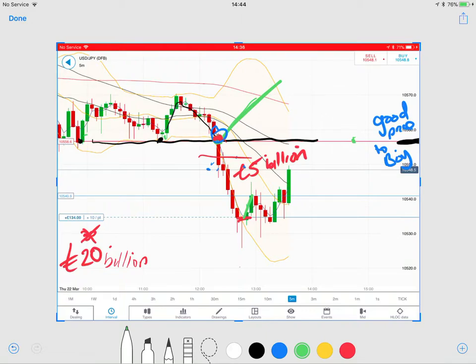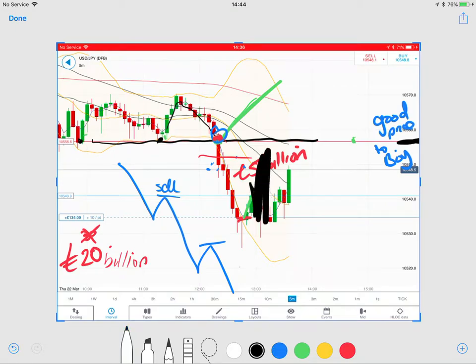Okay. Now, if you are experienced in price action, you'll know that markets do this a lot. And these pullbacks are where you want to sell.